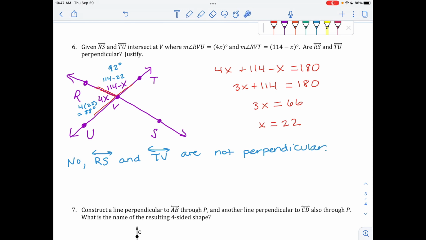So I now have, this is my claim, this is all my evidence. I need to connect these two with my reasoning. So what's my reasoning? My reasoning is that I know what a perpendicular set of lines do. Perpendicular lines intersect at right angles.